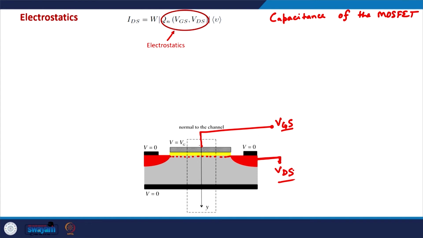So, capacitance of the MOSFET, generally the capacitance means the gate capacitance, because the MOSFET, if we look from the gate side, also looks like a capacitor. There is a metal plate, there is an oxide, and on the other side of the oxide there is a semiconductor, and in this semiconductor there might be a positive charge if VGS is negative, and there might be a negative charge if VGS is positive.